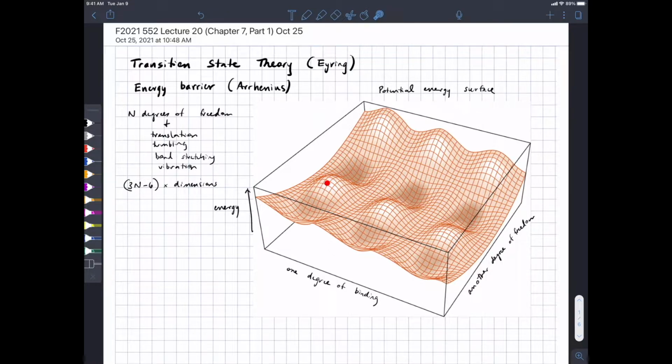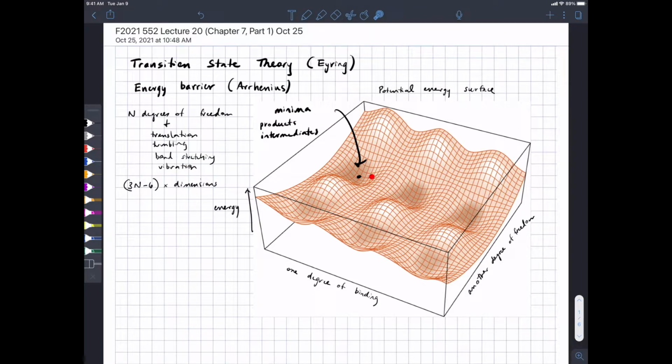Okay, we have low points, which are energy minima, and these energy minima can be either products or starting materials, or they can be intermediates. And the change in free energy for a reaction is just going to be the difference in free energy between those minima.